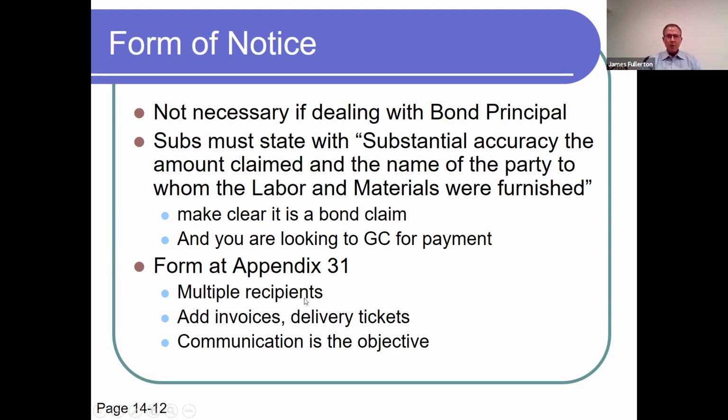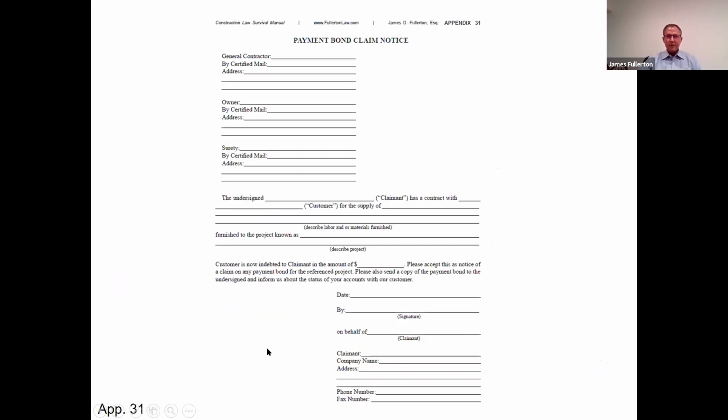But you also want to send it to multiple recipients. Here is the bond claim notice, the same one we were looking at before. It's Appendix 31 in the book. You'll notice it's going to the GC, the owner, and the surety. Why are we doing that? The Miller Act requires only that notice go to the principal on the bond.